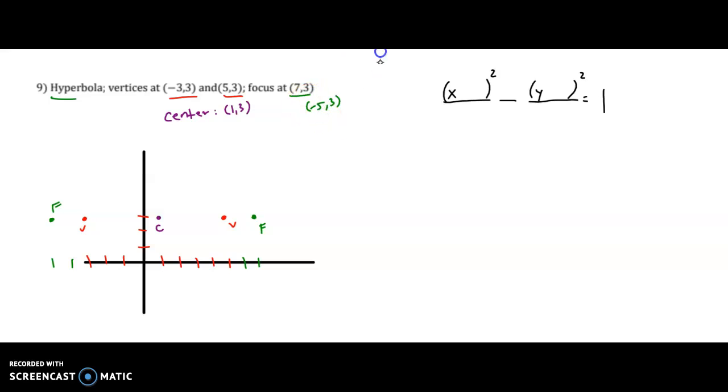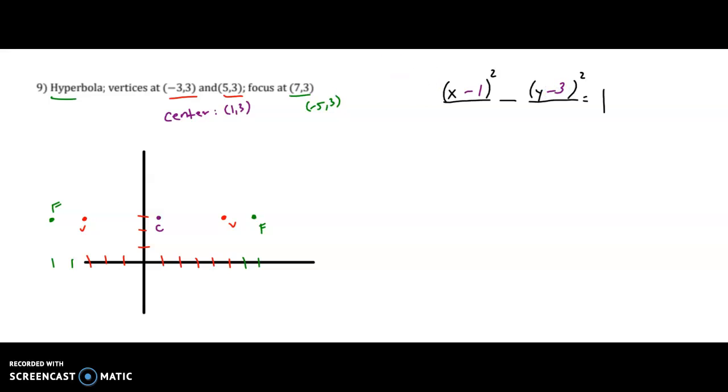Because I know the center is at 1, 3, and clearly this hyperbola's curves are going to open left and right, the first numerator is going to be x. So the center gives x minus 1 and then y minus 3.